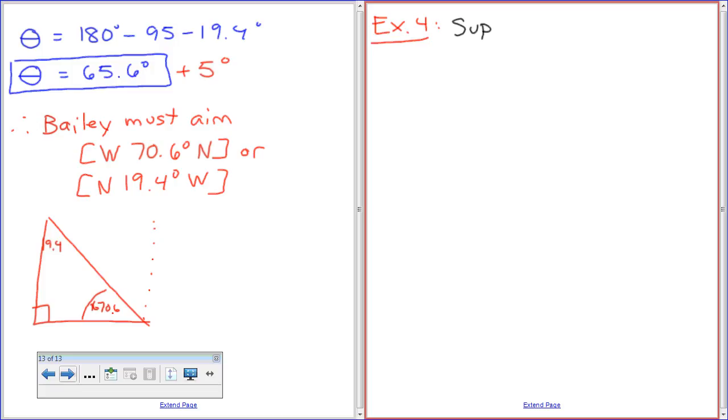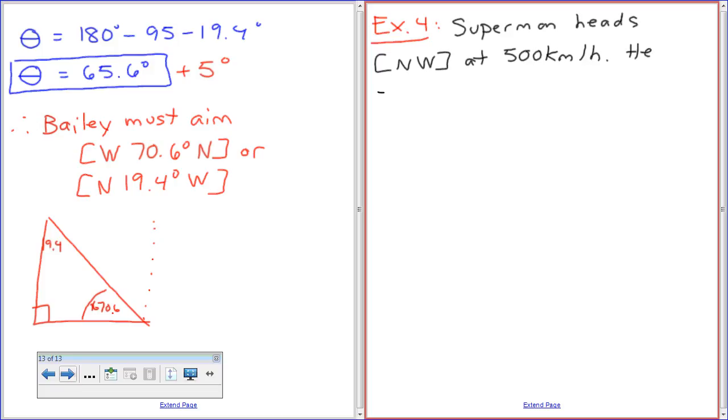So we're going to say Superman heads northwest at 500 kilometers per hour.